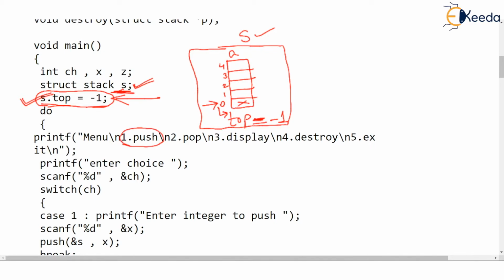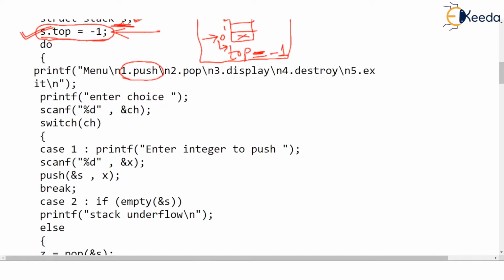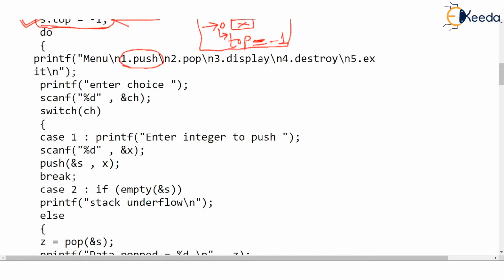So this is a menu driven main, in which if the user enters the choice as 1 in the switch statement, as you see, then we are going to ask the user what integer you want to push, and we are going to take that integer in x using scanf. So let's say 10 is entered by the user.